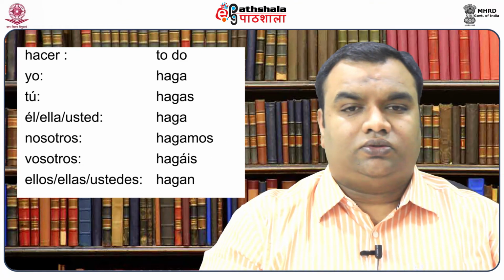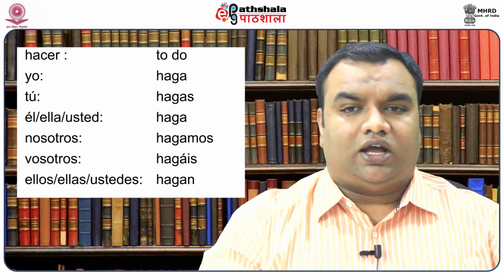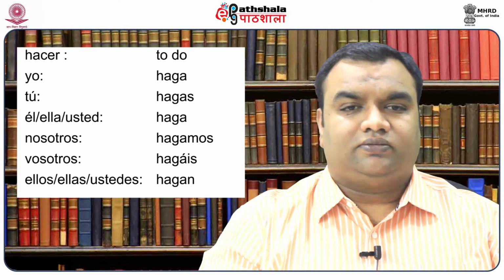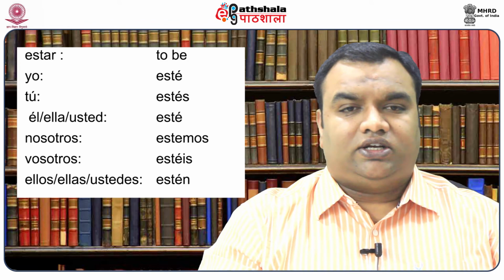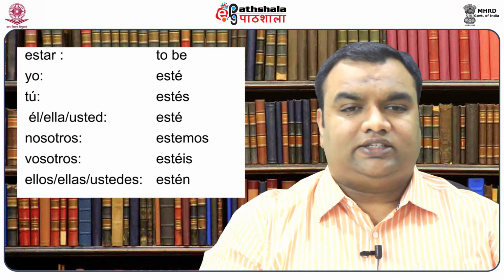Hacer, which means to do, in the present subjunctive, is conjugated as yo haga, tú hagas, él, ella, usted haga, nosotros hagamos, vosotros hagáis, ellos, ellas, ustedes hagan. Estar, which also means to be, like ser, is conjugated in the present subjunctive as yo esté, tú estés, él, ella, usted esté, nosotros estemos, vosotros estéis, ellos, ellas, ustedes estén.